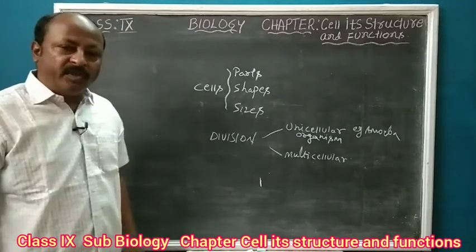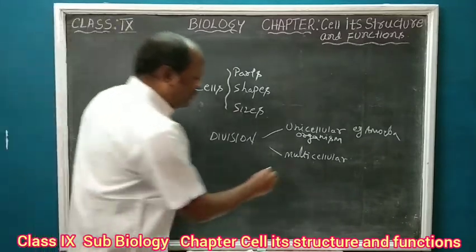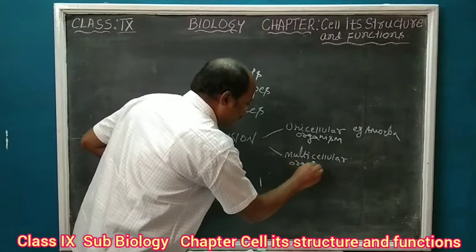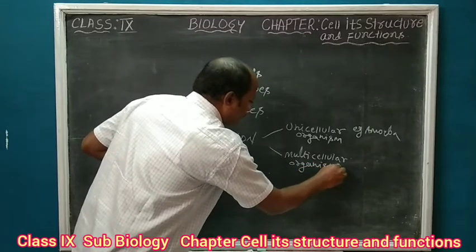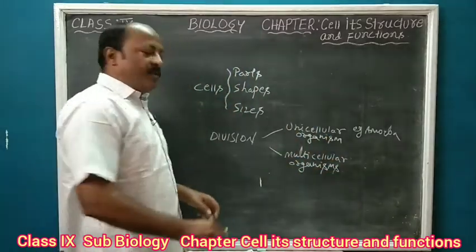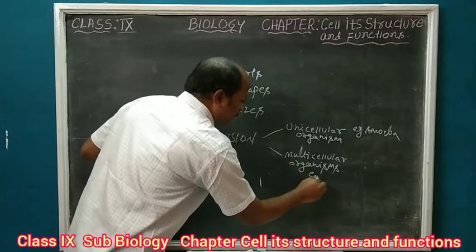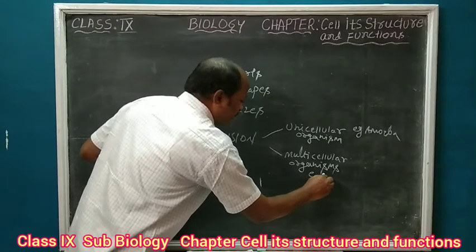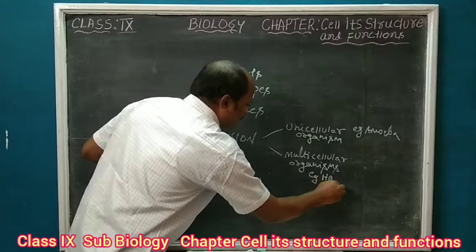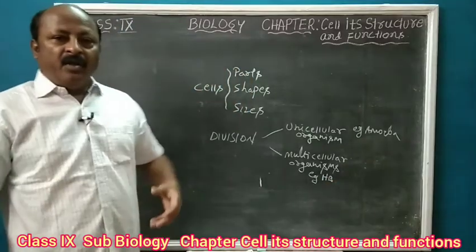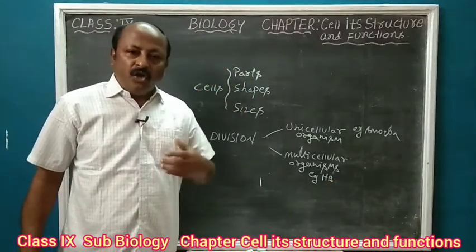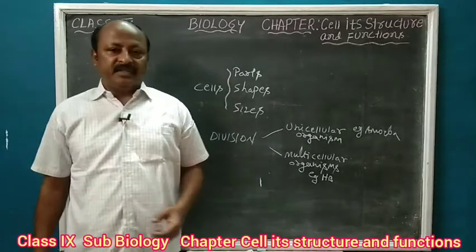Whereas when you talk about multicellular organisms, we can take the example of a human being. A human being is made up of trillions of cells.